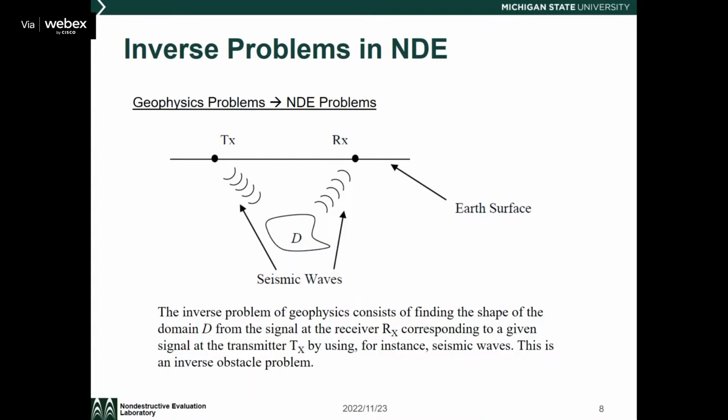It's easier to understand from a geophysics setting: you try to see whether this D is an oil or natural resources reservoir down there, and you want to characterize its shape, its size, and hopefully also its materials, right? You want to know whether it's natural gas or oil or not. So this is also an inverse obstacle problem.